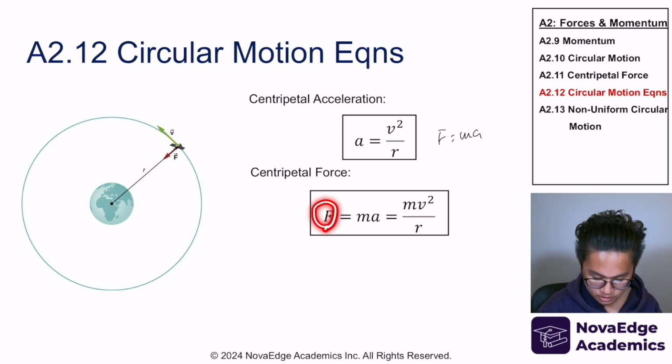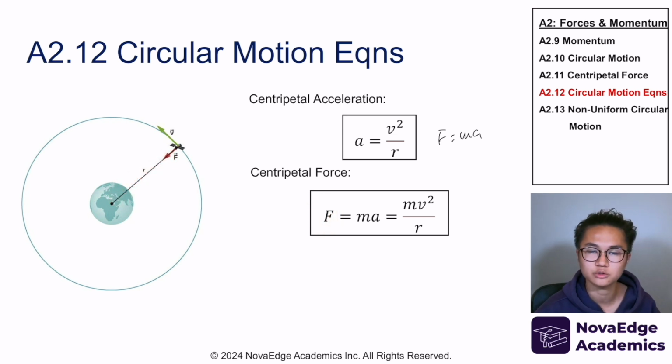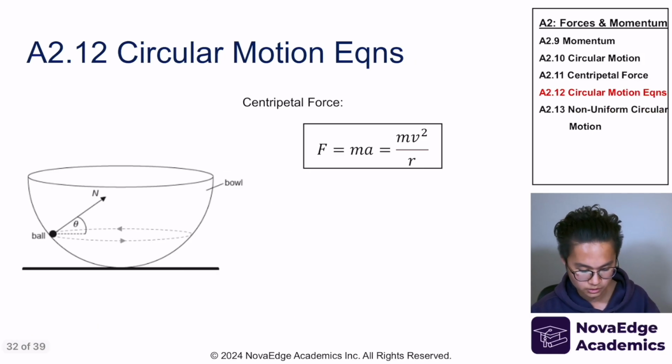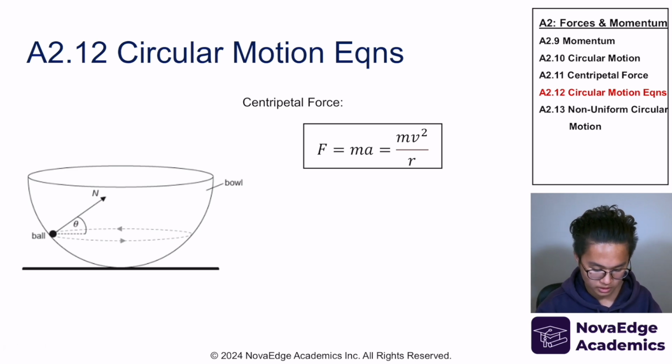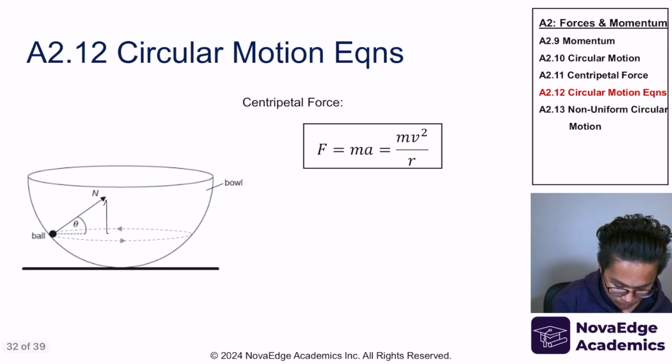If I know the force that's making it turn in a circular motion, for example, if I know the force of gravity exerted on this satellite, then maybe I can determine the velocity it will travel at a certain radius. Extremely useful for space navigation, right? So as an example, in here, as I said before, I have n sine theta, mg.